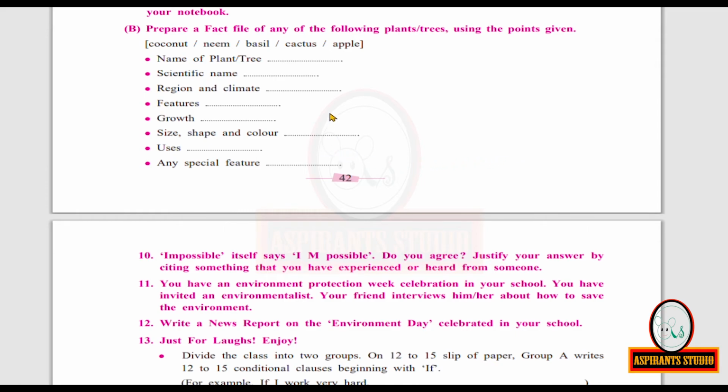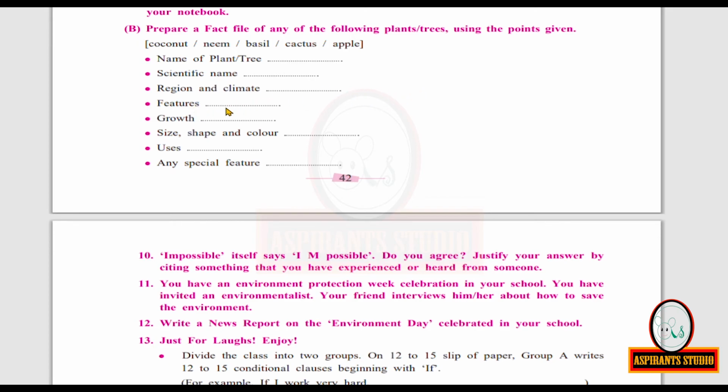This is homework. Name of plant or tree, scientific name, region and climate. For coconut tree, you have the scientific name as Cocos nucifera, C-O-C-O-S N-U-C-I-F-E-R-A. Then region and climate you can write tropical and subtropical coastal regions, especially near sea beaches.